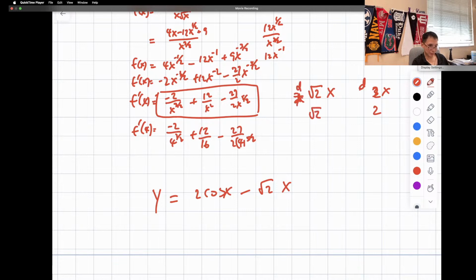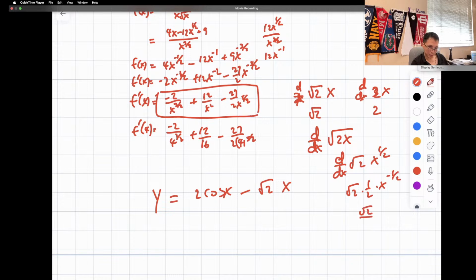Does that make sense? But the derivative of root of 2x is slightly different. Be careful, they're different. You can use the chain rule, but it's better to just use algebra. So it would be square root 2 times 1/2 times x to the negative 1/2, so it'd be square root 2 over 2 root x.